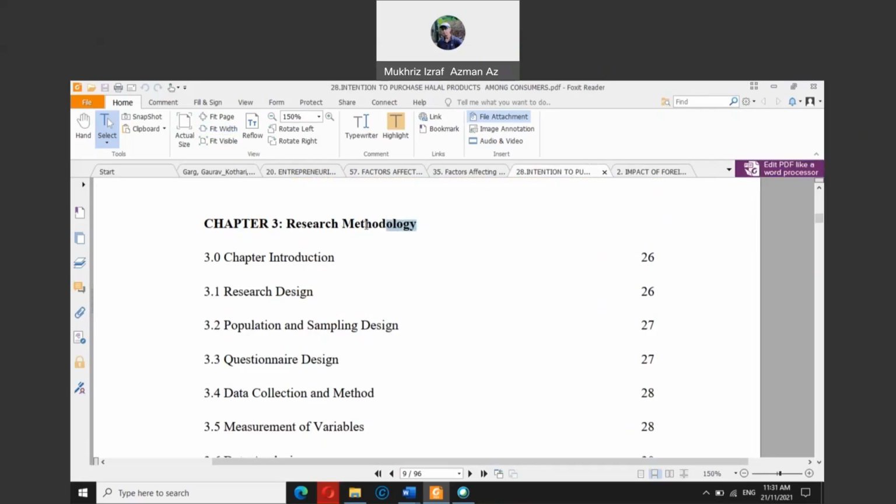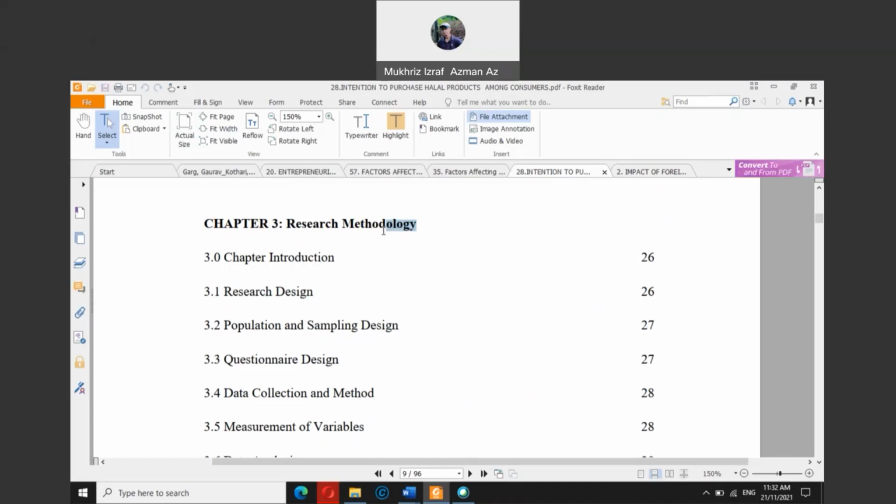Why? Because methodology is basically from chapter 1 to chapter 5, meaning that the thesis actually comprises 5 chapters: introduction, literature review, method, findings, and then 5, the conclusion. That is what methodology is, the whole outline of the project.